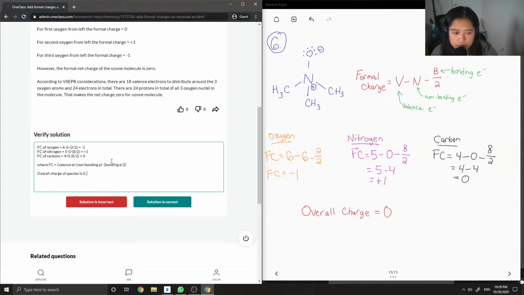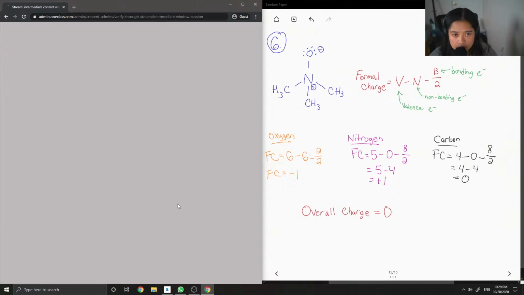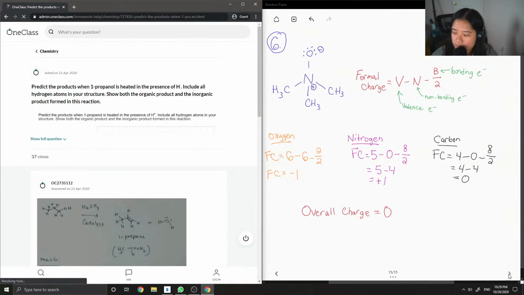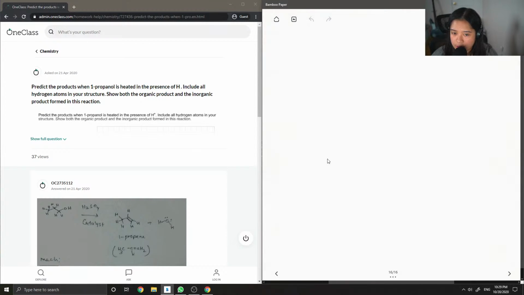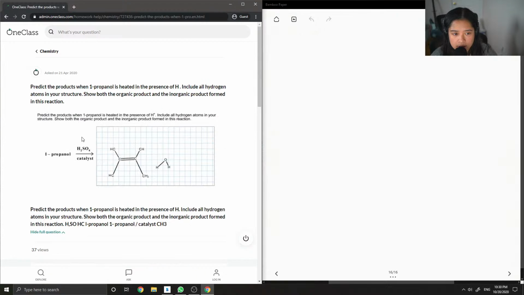Okay, so I wrote out the formal charge of oxygen is -1, formal charge of nitrogen is +1, formal charge of the carbons is 0, where formal charge is equal to valence electrons minus non-bonding electrons minus bonding electrons divided by 2, and then the overall charge of the species is 0. So the work was right, but it wasn't for the question that was asked.